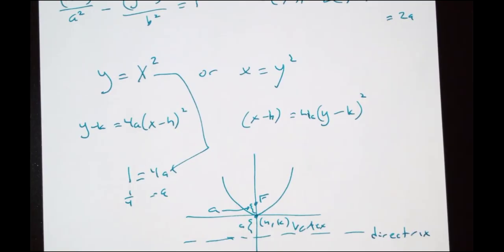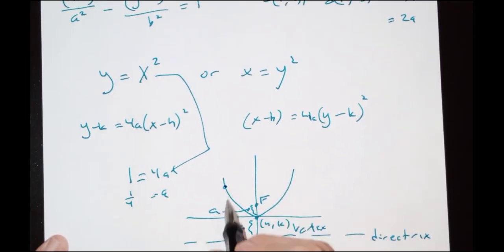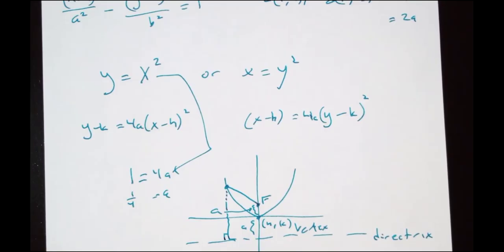Remember our distance comment? We talked about distance to the focus. There's only one focus here. I can't add something, I can't subtract something. I'm going to measure against something. If I pick a point, the distance here and the distance straight down to the directrix should be equal.